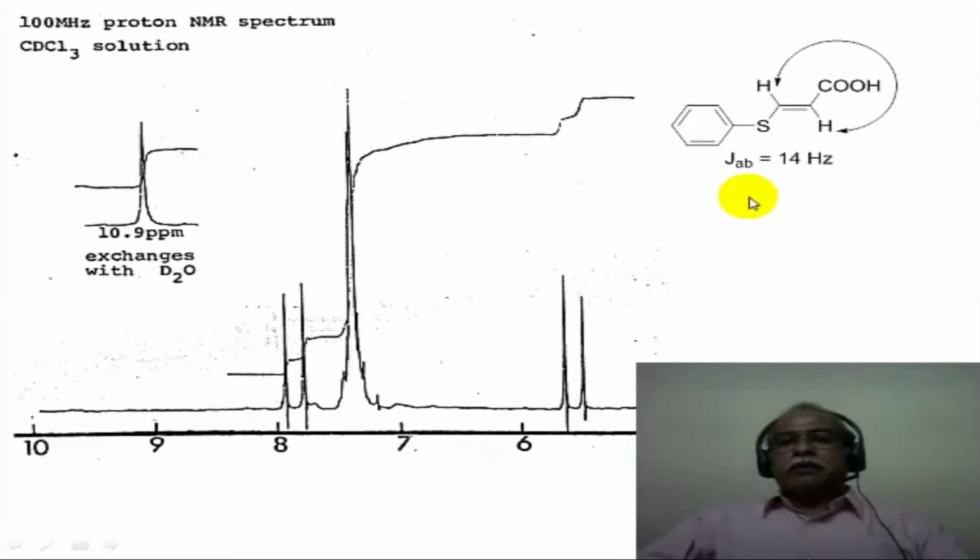Here is another example, a thio-substituted acrylic acid derivative, where you have a trans coupling between the two hydrogens constituting an AB coupling. One side of the AB is here, the other side is here, and the center is somewhere here. With respect to the center, again you see a symmetrical pattern on either side of the spectrum.